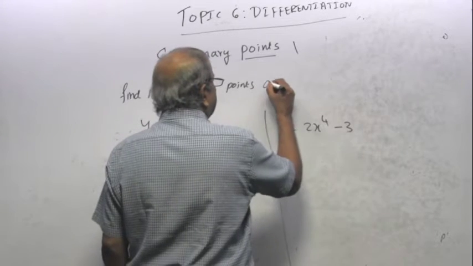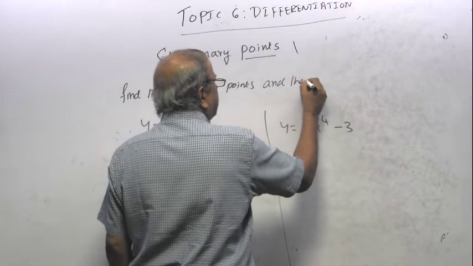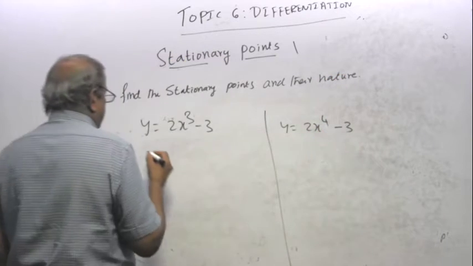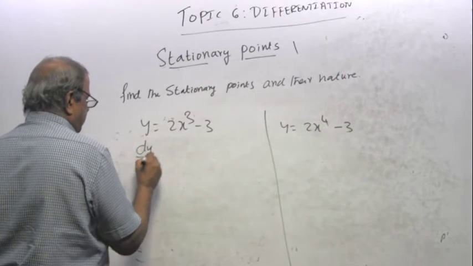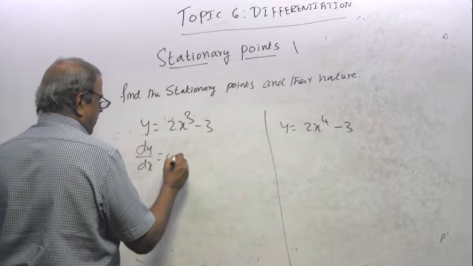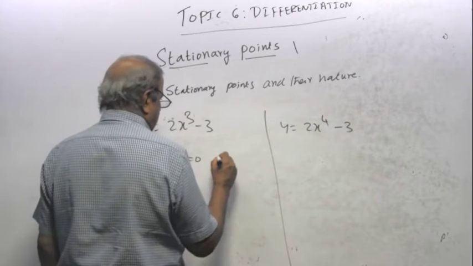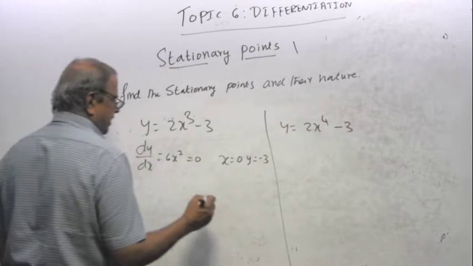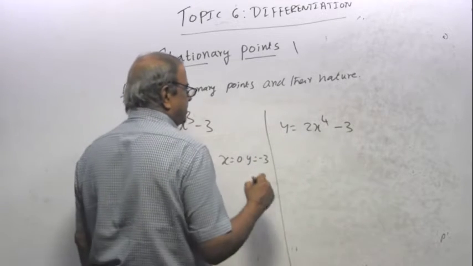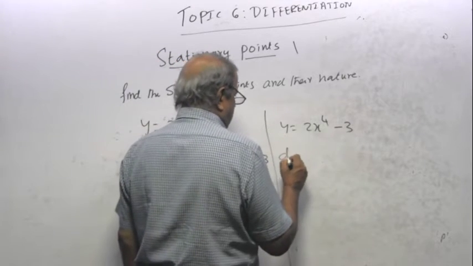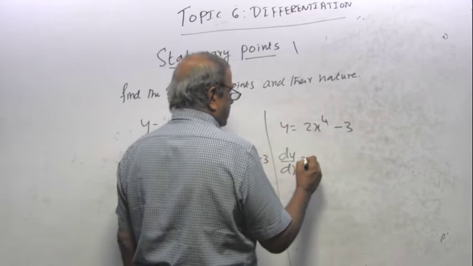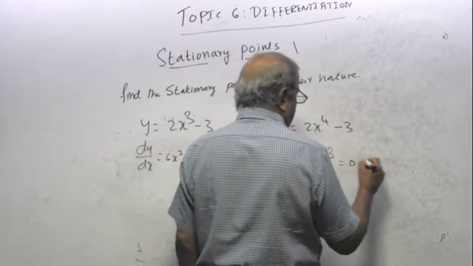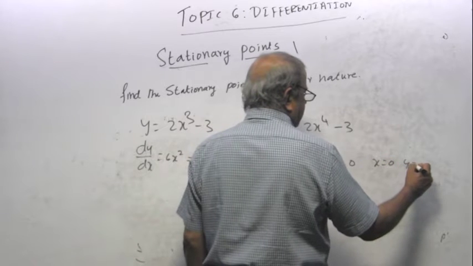Find the stationary points and their nature. So what's dy by dx? It is 6x squared. Equate it to 0, x equal to 0. When x is 0, y is minus 3. Here, dy by dx is equal to 8x cubed, equated to 0, x is 0, y is minus 3.